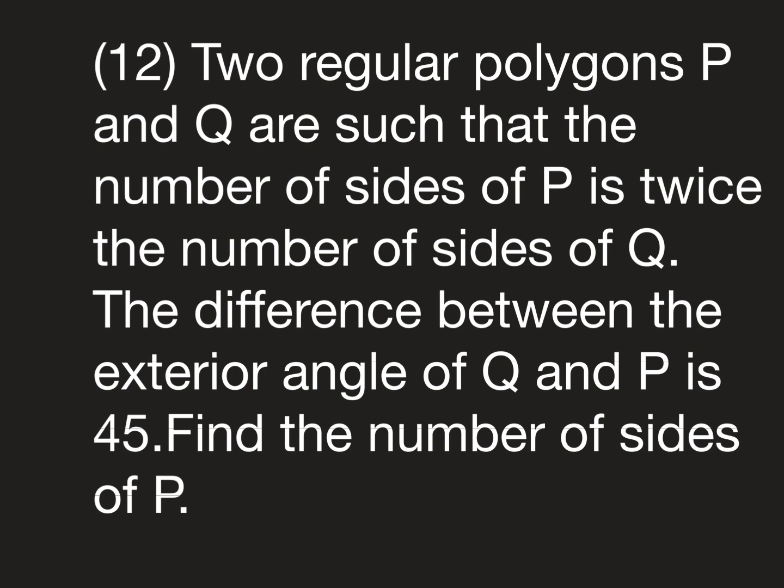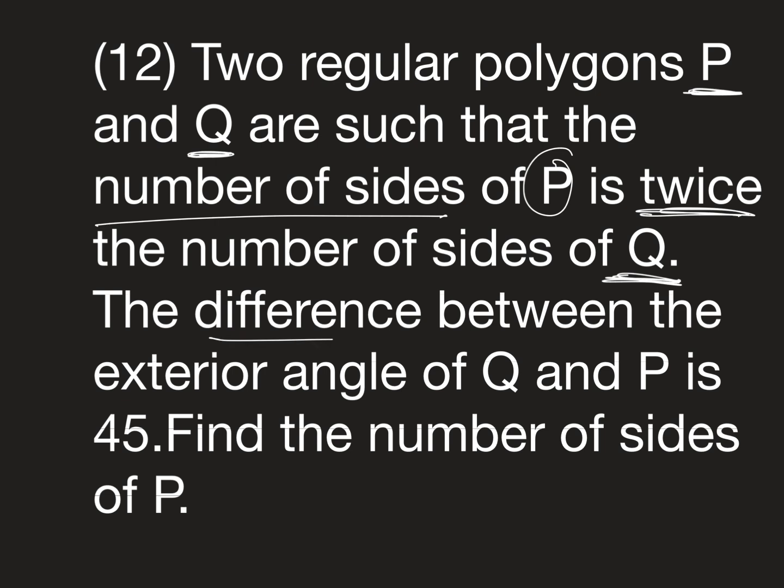Moving on to the next question, which reads: two regular polygons, P and Q, are such that the number of sides of P is twice the number of sides of Q. The difference between the exterior angle of Q and P is 45.